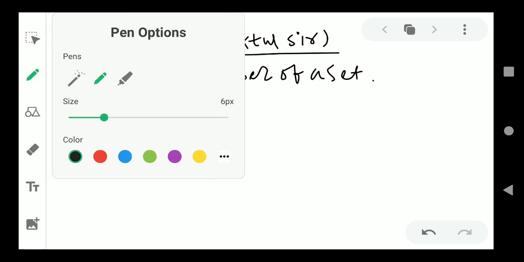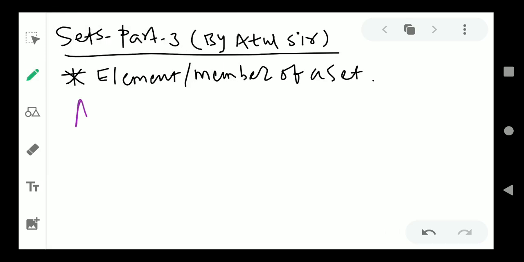Suppose we have a set A in which there are some elements called 2, 7, 9, 11. Randomly I have taken any 4 elements here, and you can see we have followed all the rules for writing a set. For the rules, you can refer to the second part of this video series.